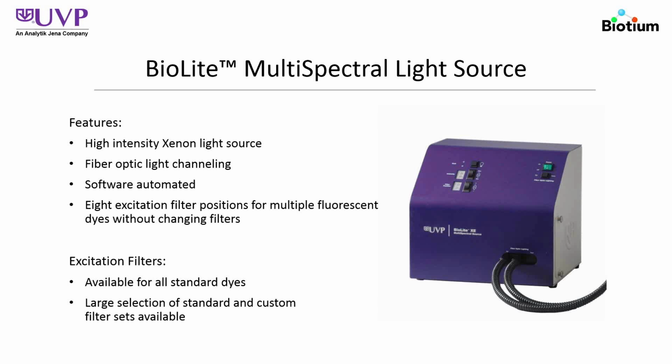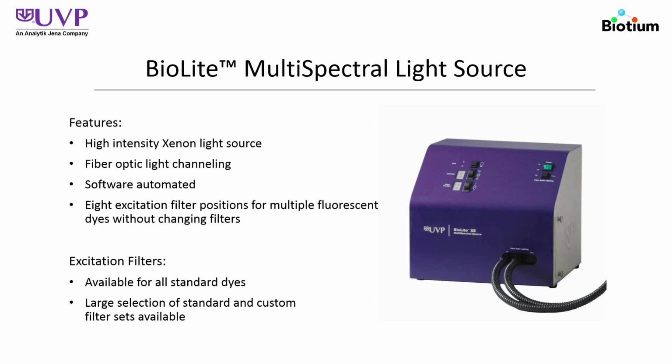It also produces a very intense light, which makes the detection of fluorescent tags straightforward with relatively short exposures. It uses fiber optic light channeling to illuminate the membrane evenly, and is software controlled for automation via templates for reproducible experiments from day to day.